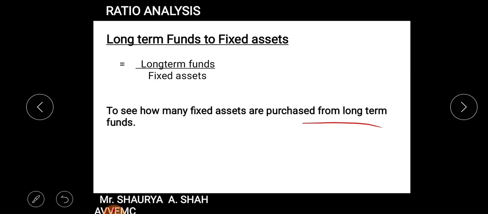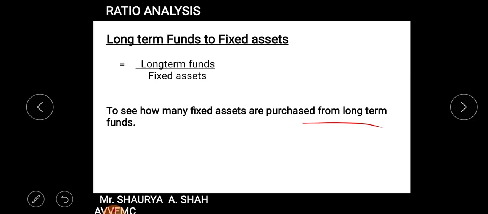In there, the very first was proprietary ratio, then debt equity ratio, capital gearing ratio, then interest coverage ratio, and at last the long-term funds to fixed assets. I hope it is clear, everyone. Any doubts? You can clearly specify them in Google Classroom. We are here to help you with your queries. You just need to prepare a list of formulas from the very first lecture till now, then it will be very easy for you to solve the sums.